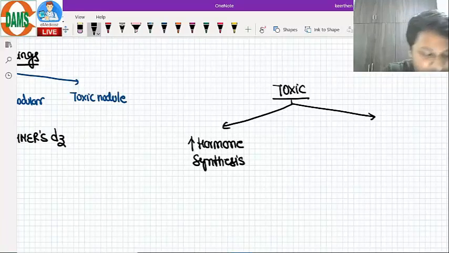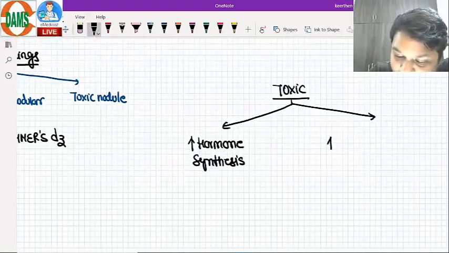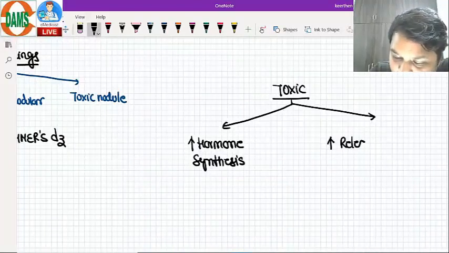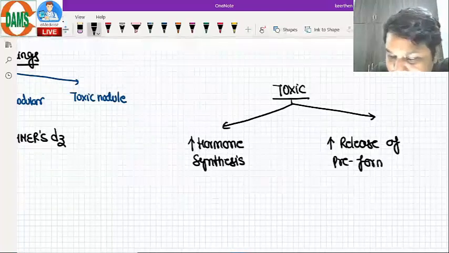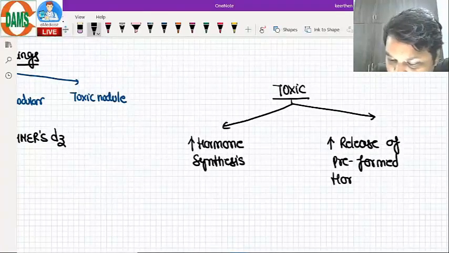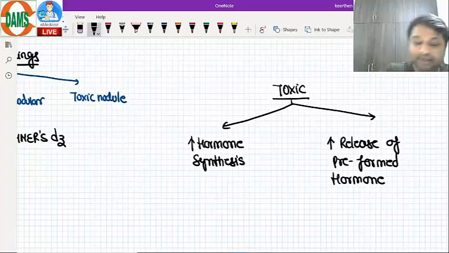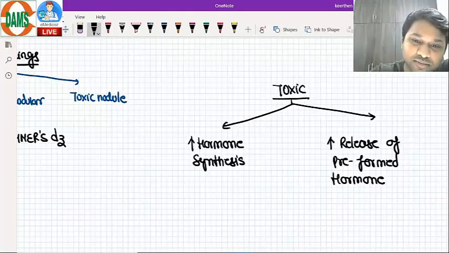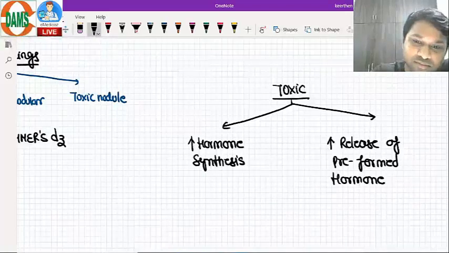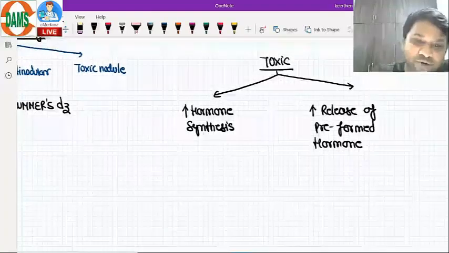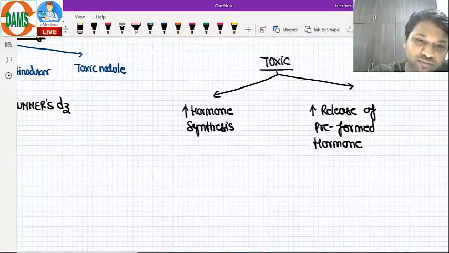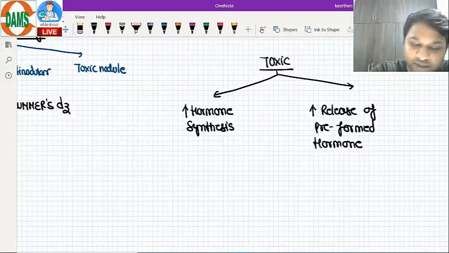Either there is increase in hormone synthesis, or there is increased release of pre-formed hormone.